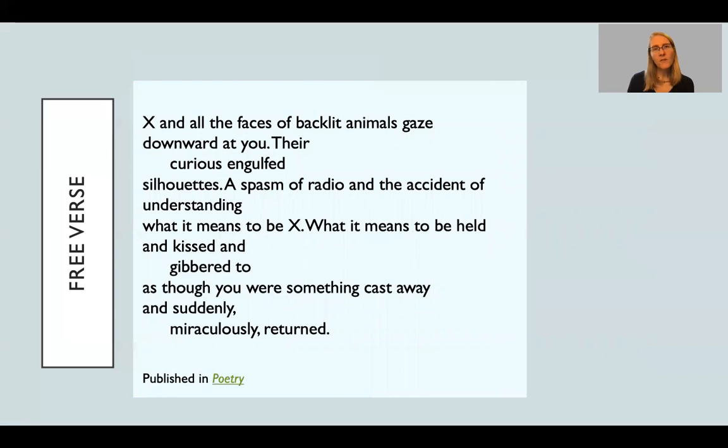X, and all the faces of backlit animals gaze downward at you, their curious, engulfed silhouettes, a spasm of radio and the accident of understanding what it means to be X, what it means to be held and kissed and gibbered to, as though you were something cast away and suddenly, miraculously, returned. All right.